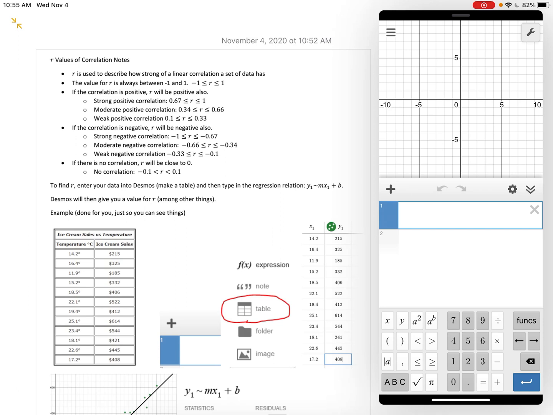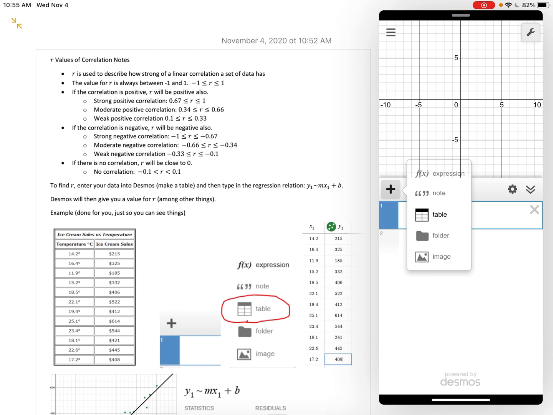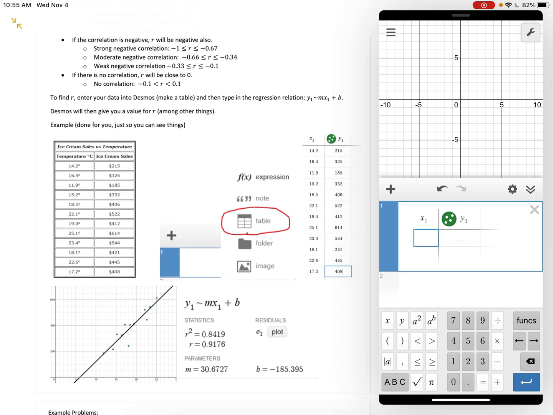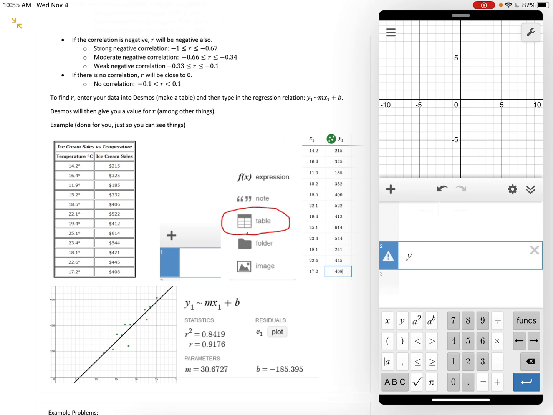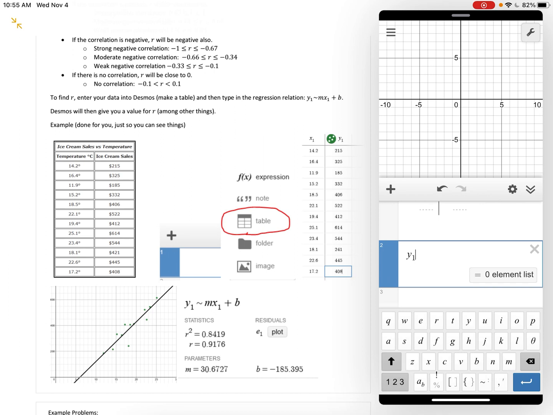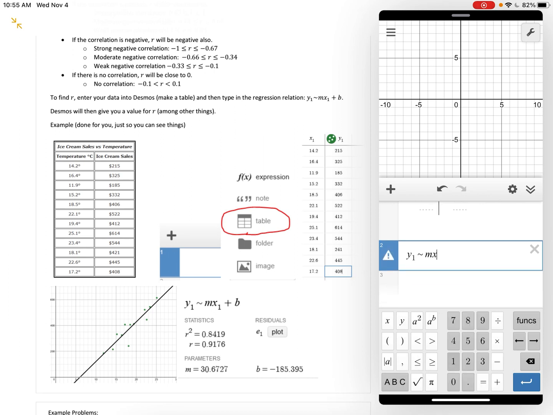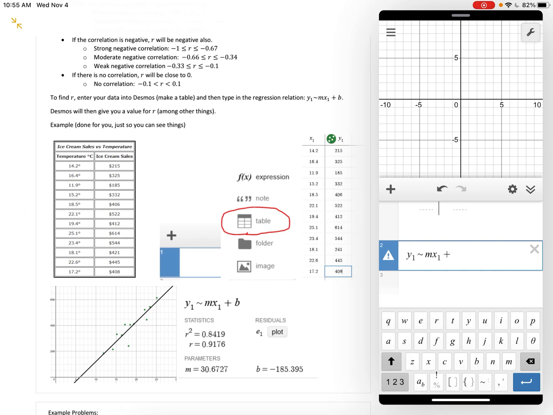What I have here are just some screenshots of how you do this in Desmos. The way we make a table is we hit this plus sign here, we hit table, and then it gives you a place to type in the table. I'm not going to do this problem right now because I already have it worked out for you. If we scroll down here, after you hit table, you type in this, which looks kind of like an equation but with a squiggle, or tilde, instead of an equal sign: y1 tilde x1 plus b.